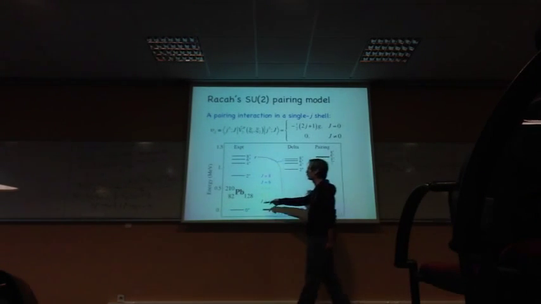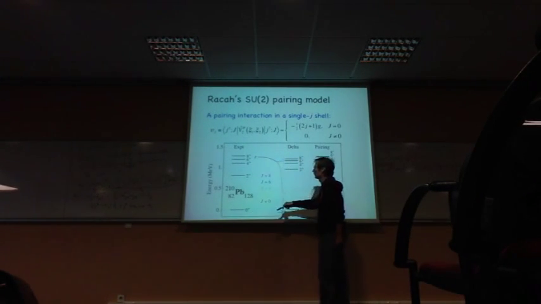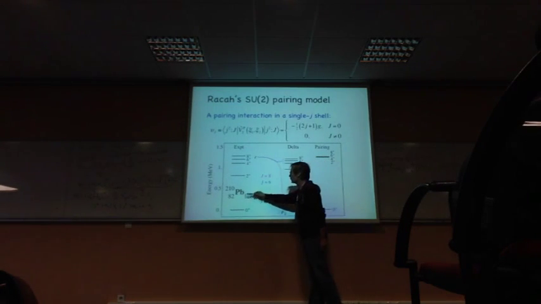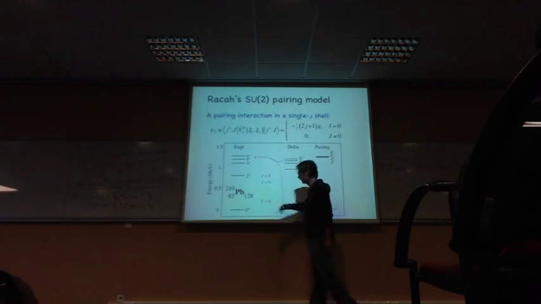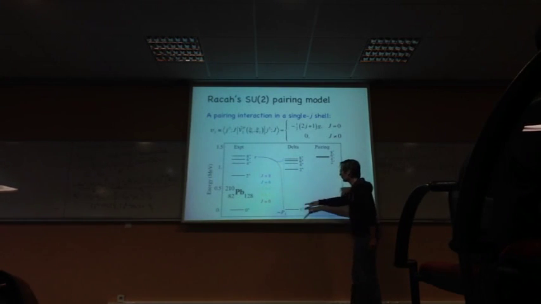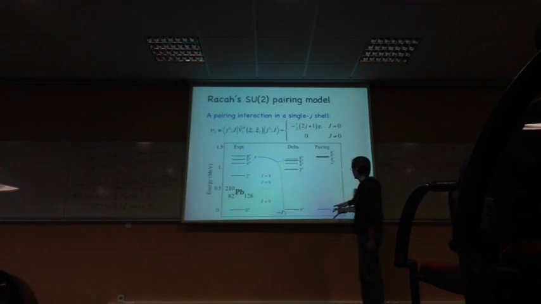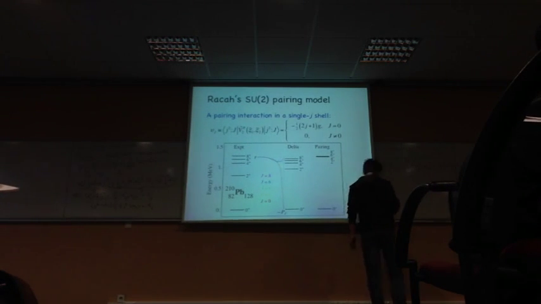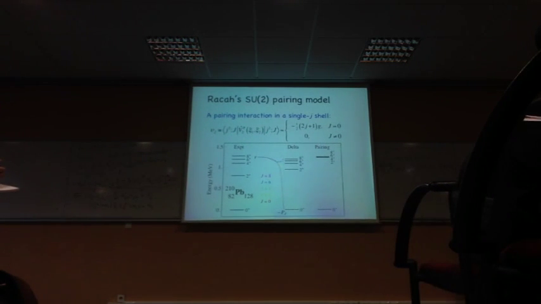Again, this is the spectrum we discussed a week ago, it's two particles in the g9/2. This is the spectrum of the delta interaction. The pairing interaction is yet a further approximation, so you just separate out the 0+ from all the other angular momentum states. It's an approximation, of course. So why do you make it?